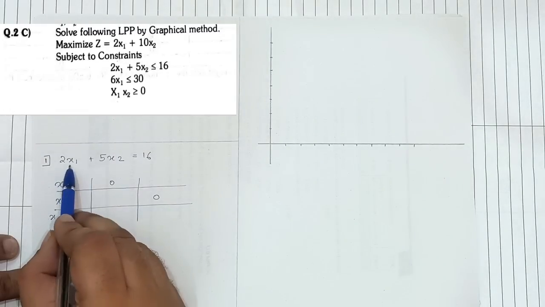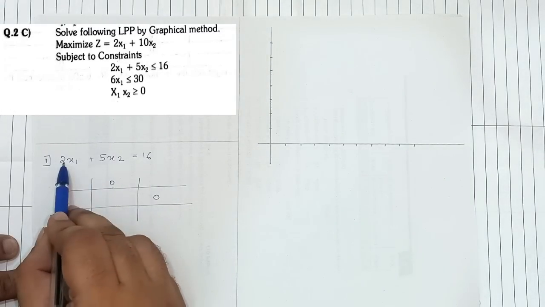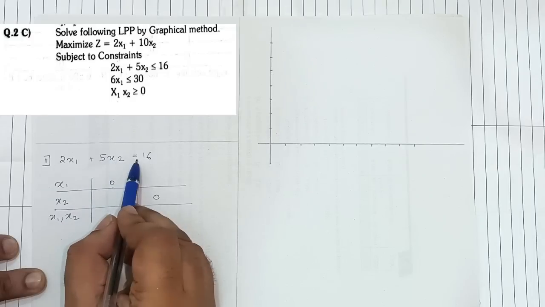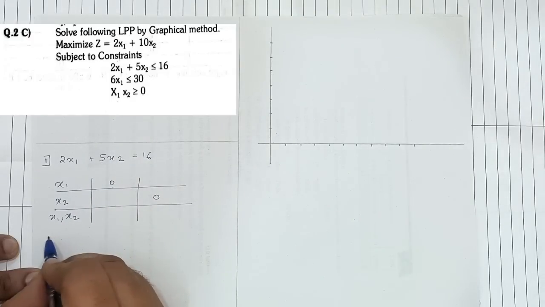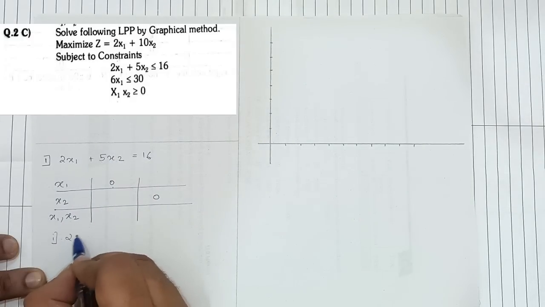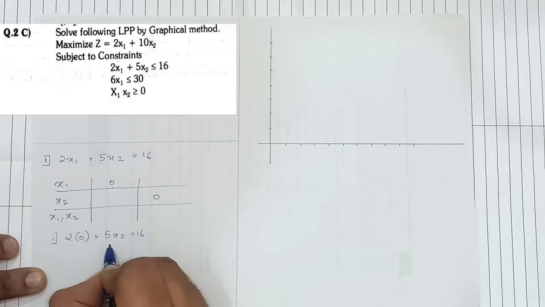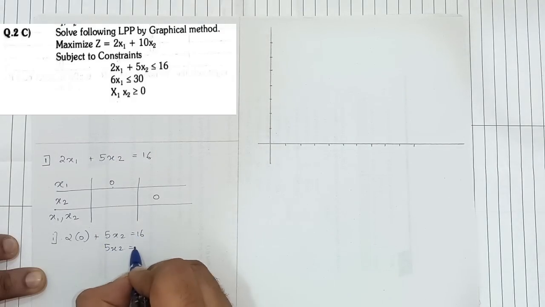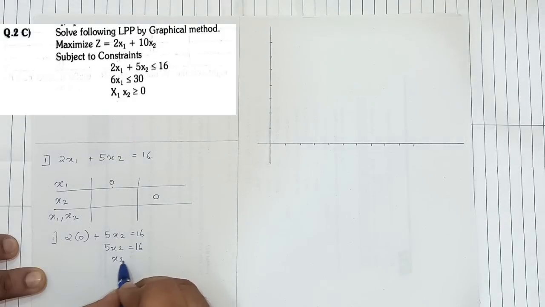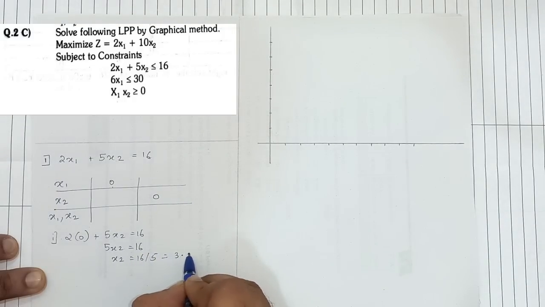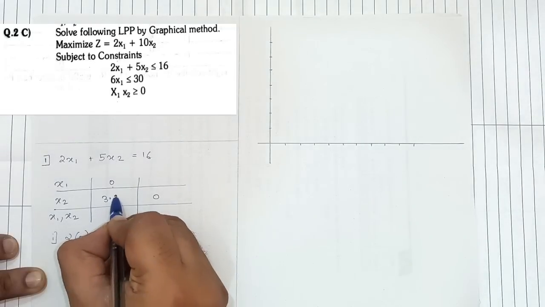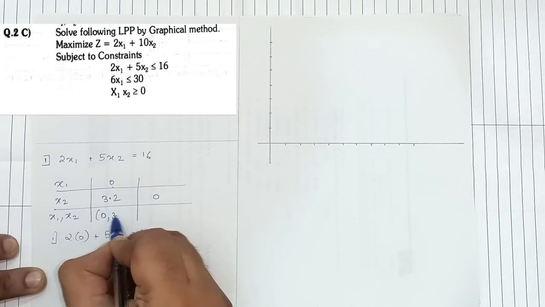If I take x1 as 0, 2 into 0 is 0, so 5x2 is equal to 16. Therefore x2 is 16 divided by 5, which comes to 3.2. So my first coordinates are 0 comma 3.2.